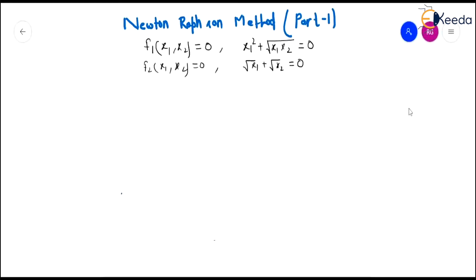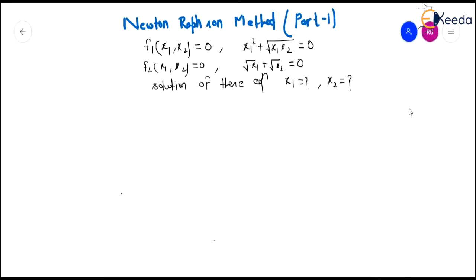So we have two nonlinear equations and we have to find out the solution of these equations, means value of x1 will be what and the value of x2 will be what.